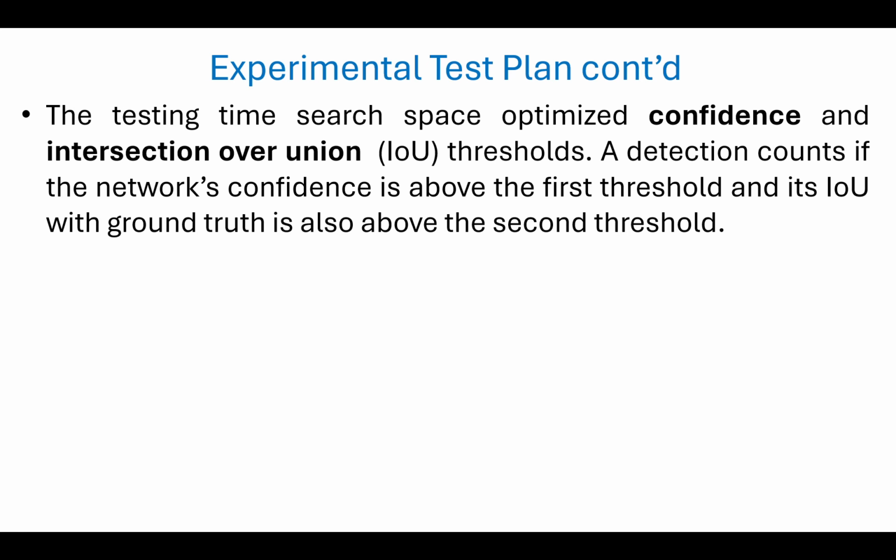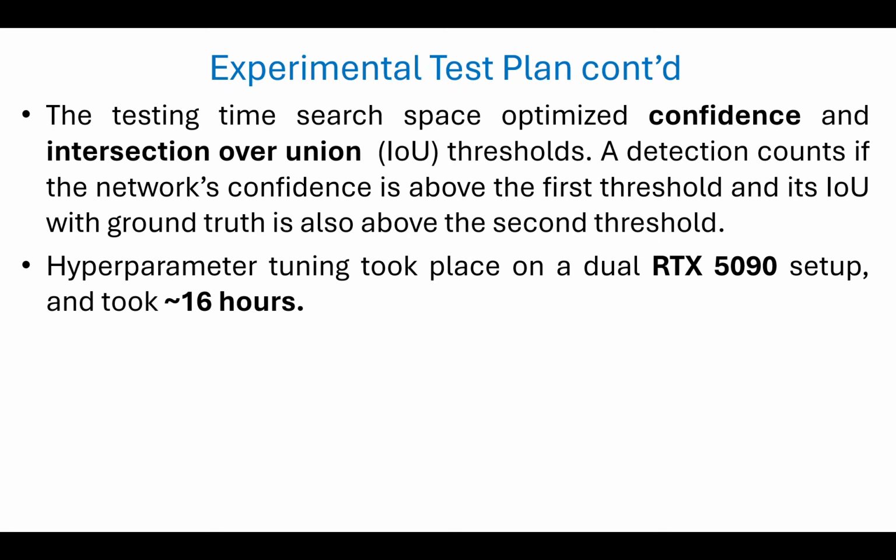The second stage focuses on optimizing testing time parameters, confidence threshold and intersection over union threshold. A detection is only considered valid if the model's confidence exceeds the first threshold and the predicted bounding box sufficiently overlaps the ground truth according to the second.